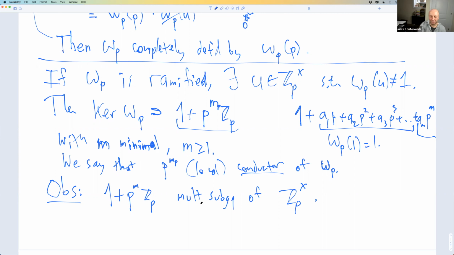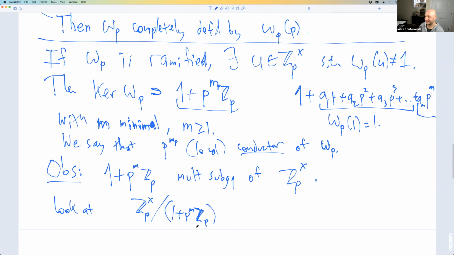So what is the quotient? Look at the quotient. If I take ZP cross mod this group 1 plus P to the M ZP. So what's a nice set of representatives for any element of ZP cross modded out by, if I can multiply by 1 plus whatever after the Pth place?